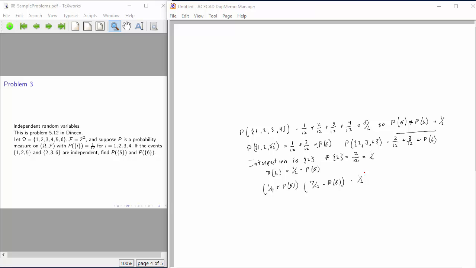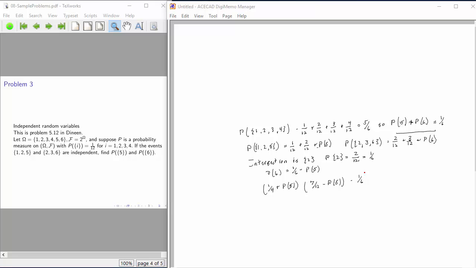The simplest thing to do is to multiply through by something that will clear the fractions. So I will multiply through by 48.